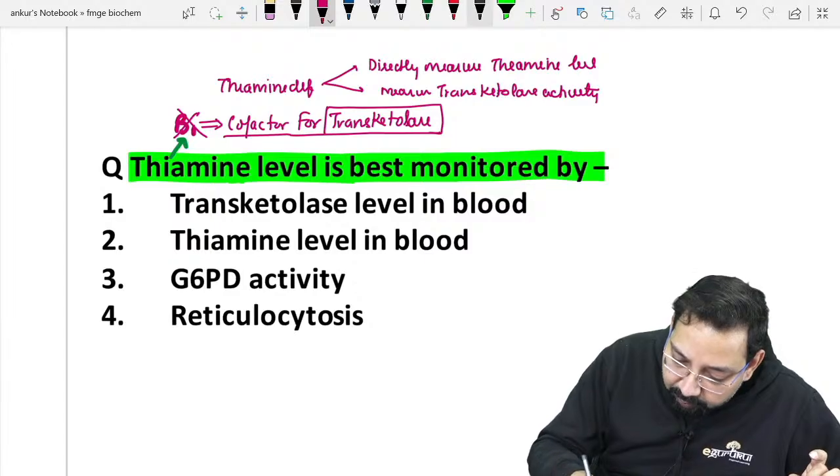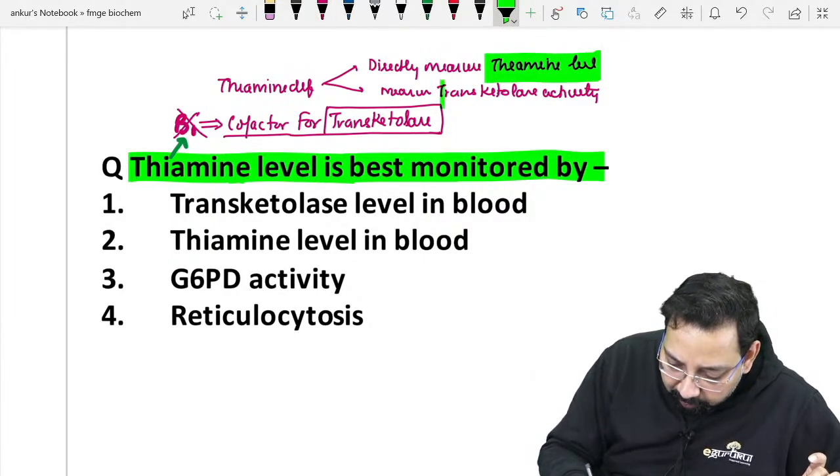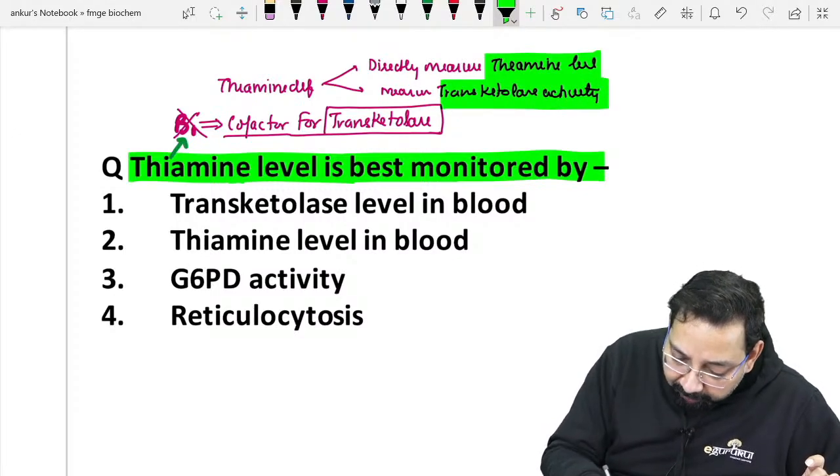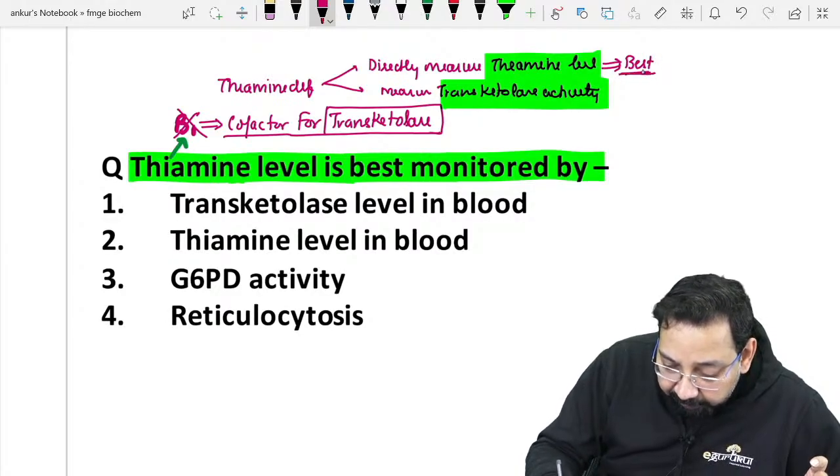So you can directly measure thiamine level or transketolase activity. If you directly measure thiamine level, then this is the best. But it is very difficult.